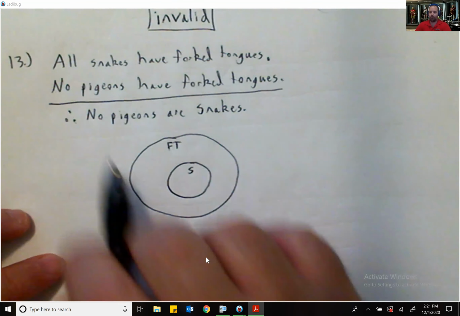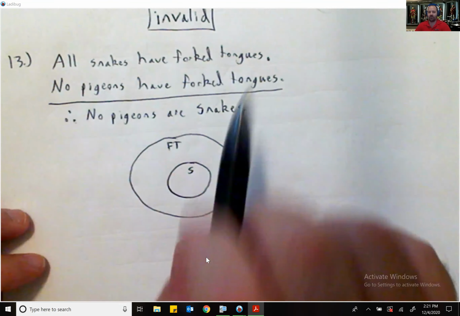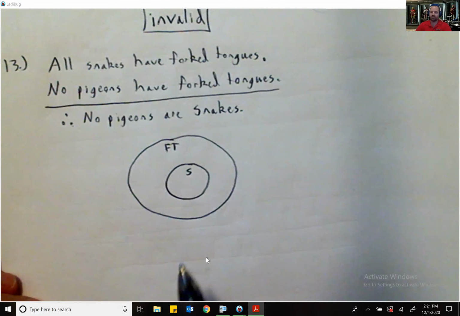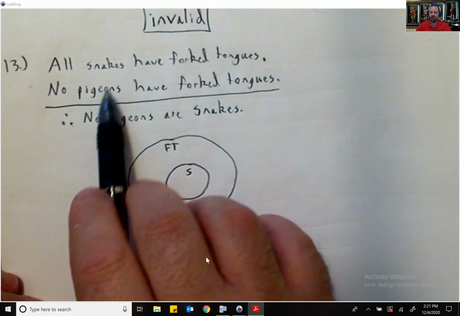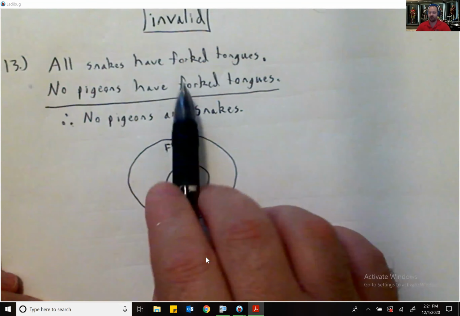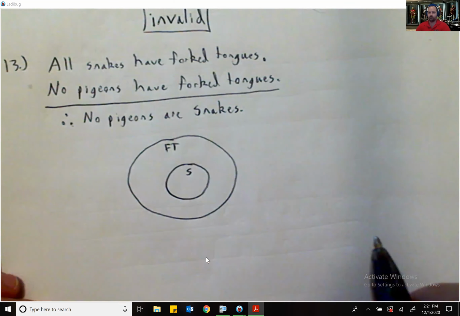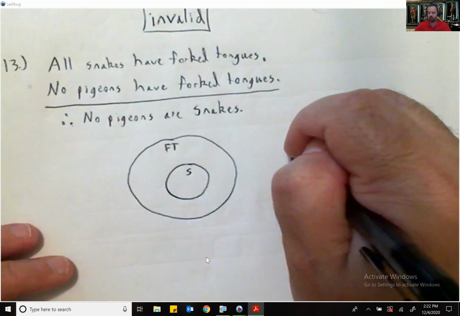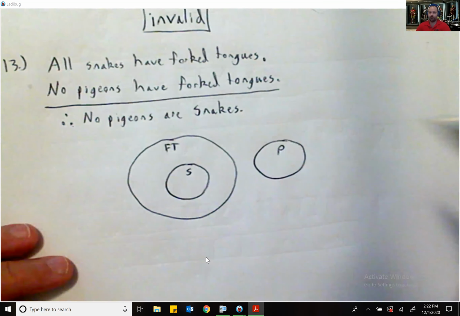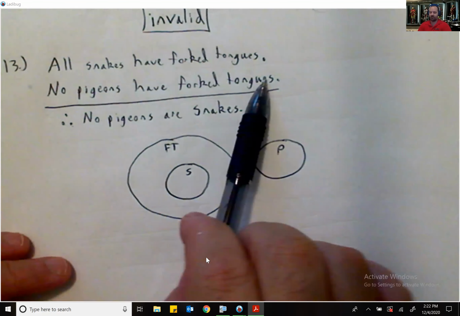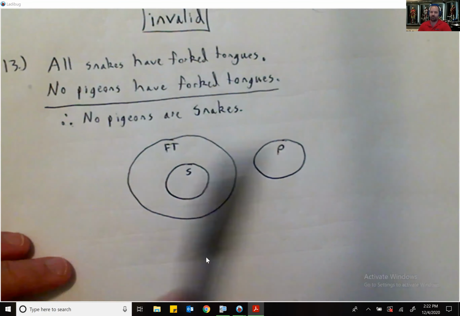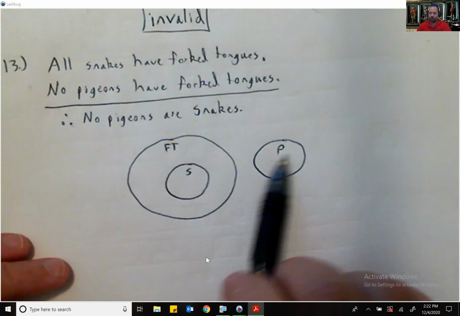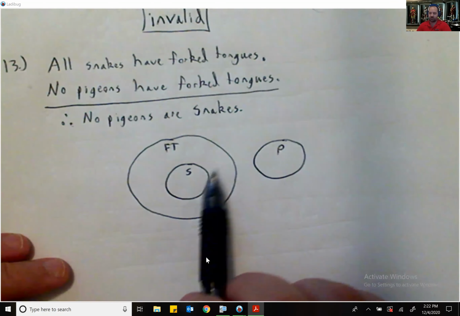Now this one says no pigeons have forked tongues. So we've got another circle, pigeons, and it needs to interact with this diagram. Where would the circle for pigeons be? Outside of the forked tongue circle. Right, over here. Now, the one question you have to answer is, is there any way I can redraw this picture so that all this still remains true? Can I have the pigeon circle overlap with snakes?